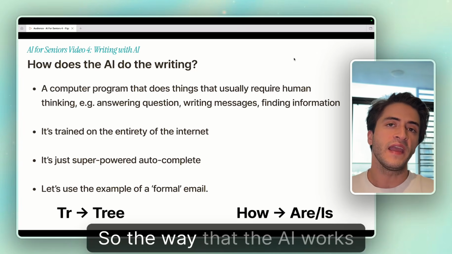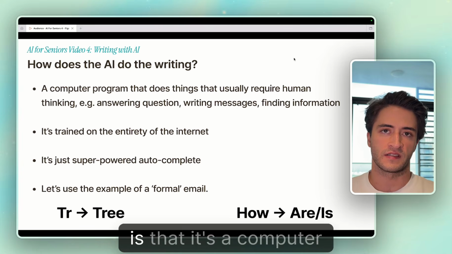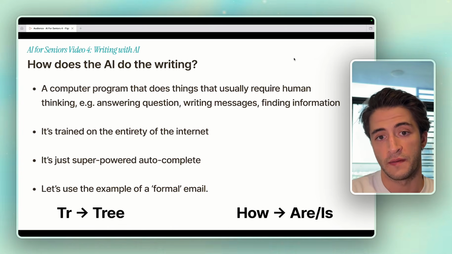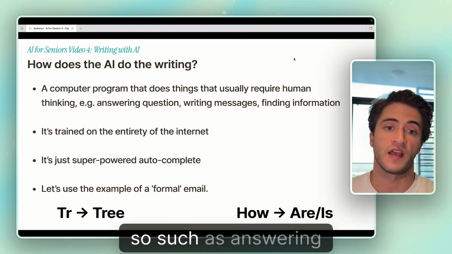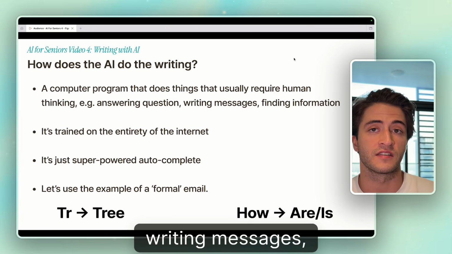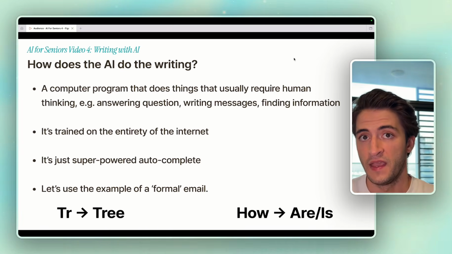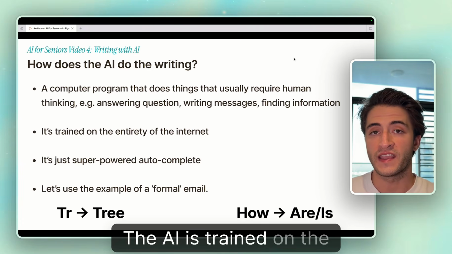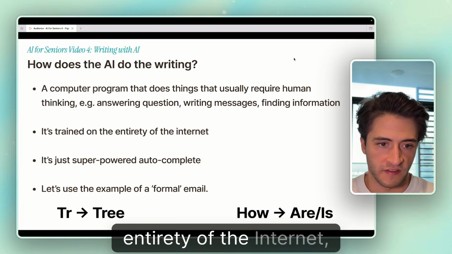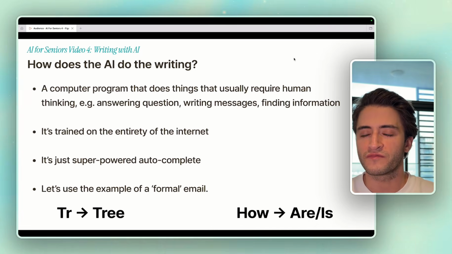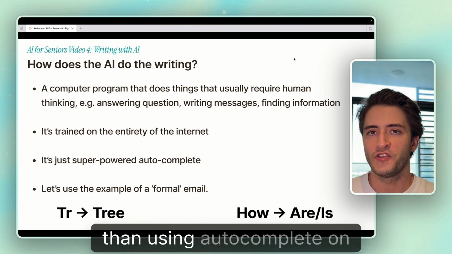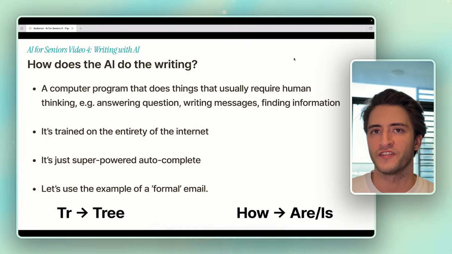So the way that the AI works is that it's a computer program that does things that usually require human thinking, such as answering questions, writing messages, and finding information. The AI is trained on the entirety of the internet, and it's nothing more complicated than using autocomplete on your phone.